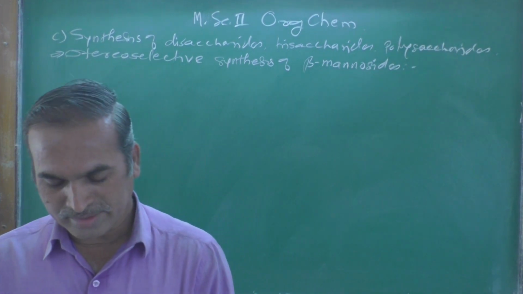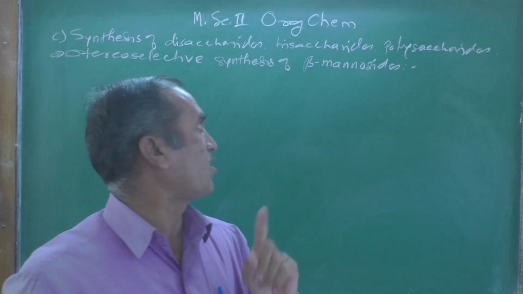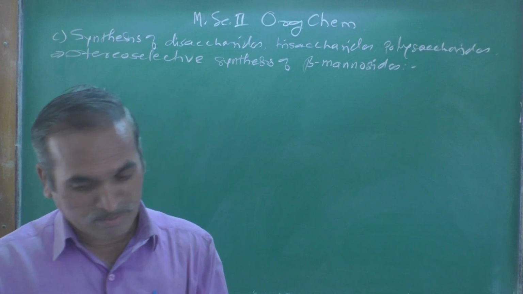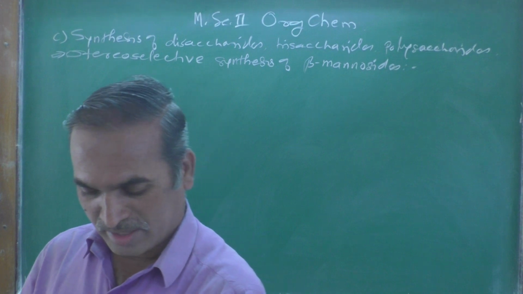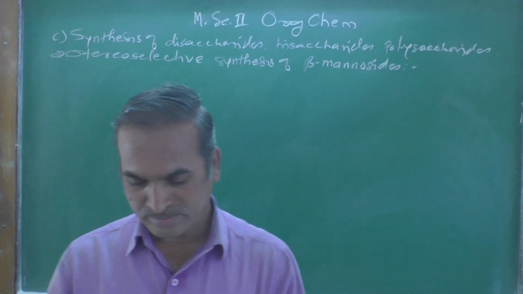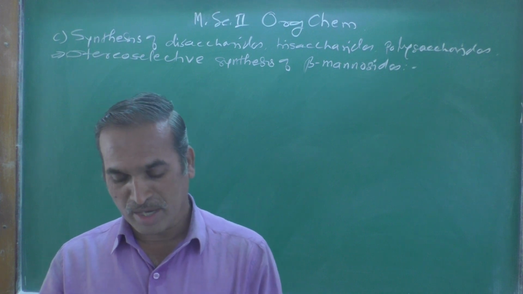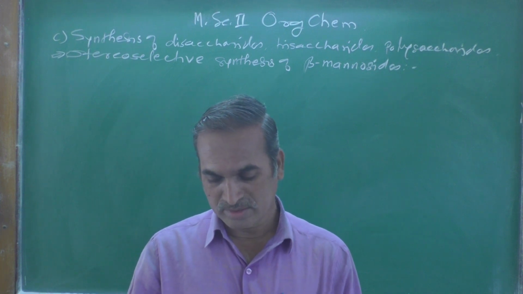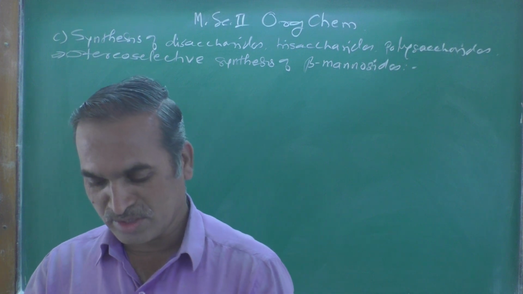So yesterday we saw the stereoselective synthesis of beta mannosides, how they are obtained starting from alpha D mannoside. In scheme number 1 we discussed it in detail.